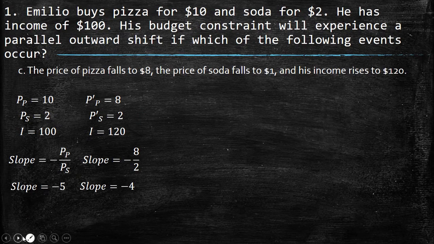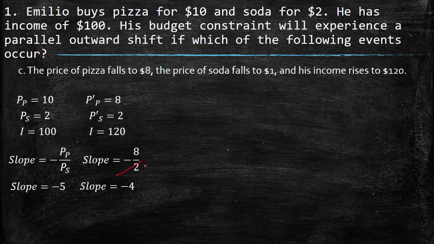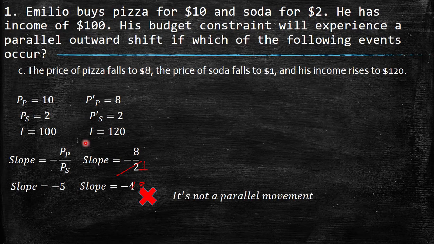Actually, I would say that is wrong, because if the price of soda goes to 1, it should be over 1, right? And then this one should be minus 8, right? Then this is different, so we cannot go on because the slope is different, so it doesn't work. It's not a parallel movement.